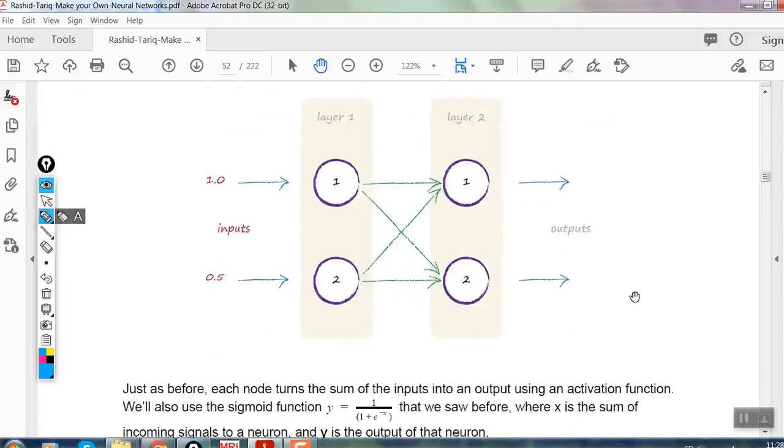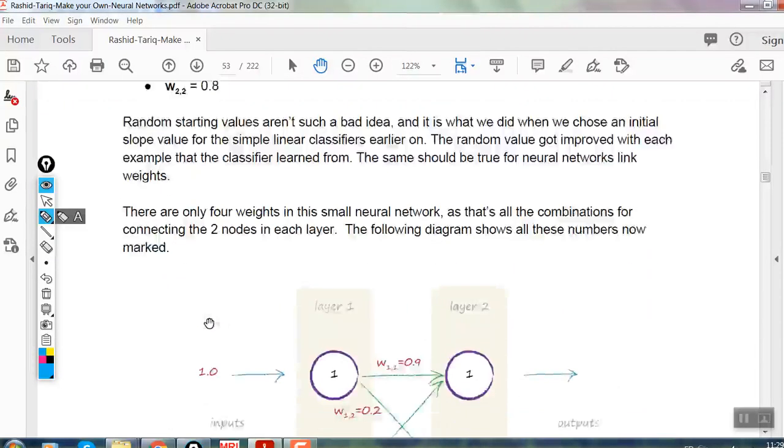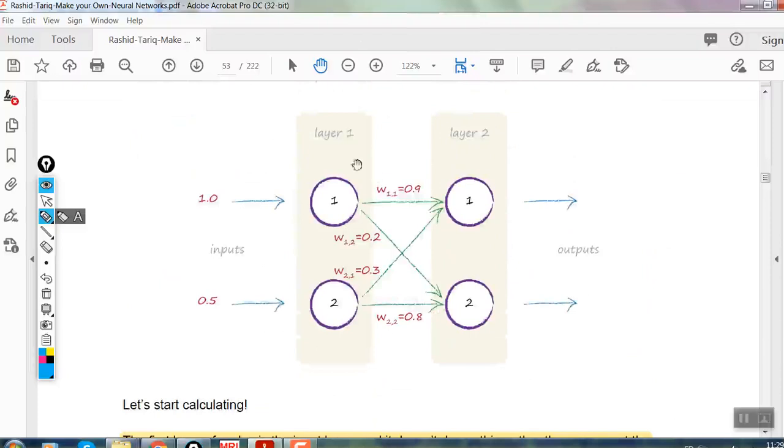Consider the input is 1 and 0.5. For example, the weighting values are like this. And again, in this diagram, you can see better.